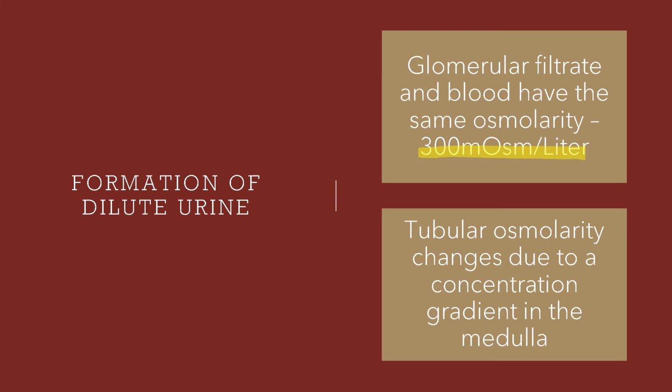The ability of antidiuretic hormone to cause excretion of concentrated urine depends on the presence of an osmotic gradient. So if there's an osmotic gradient of solutes in the interstitial fluid of the renal medulla, antidiuretic hormone can cause the excretion of concentrated urine.